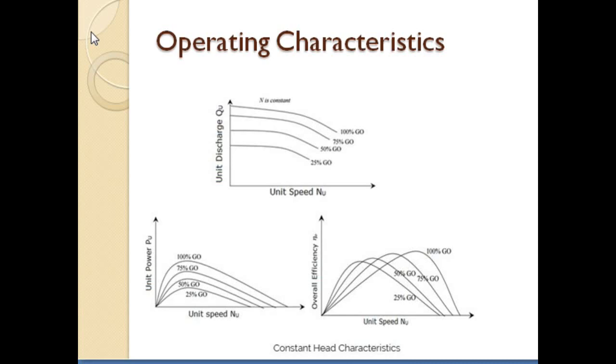For 25%, 50% and 75% of normal speed, you can see that for higher speed there is more discharge, and for lesser speed, at only 25% of the maximum speed, the discharge is less.